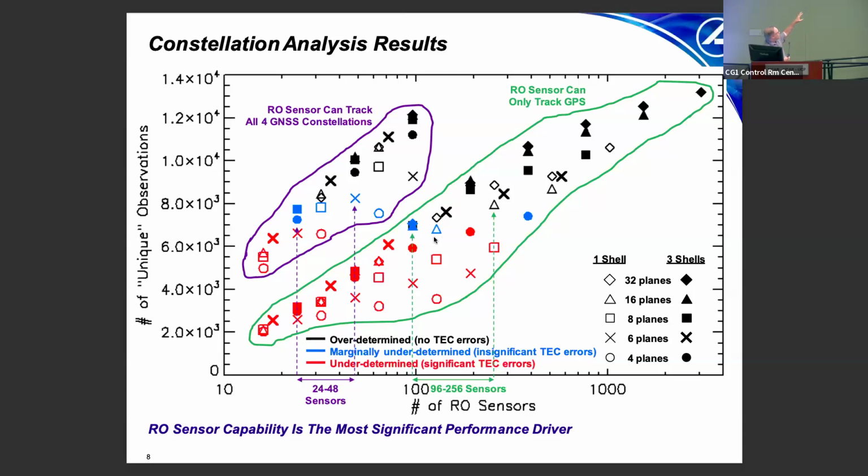And they're organized by whether or not you have a receiver which is able to track all 4 constellations or just 1. When things become blue and black, that's when you can make a statement and say, okay, I've got enough RO sensors out there to fully determine my ionosphere. And you can see, depending on which GNSS capable receiver you have, it's going to be in the 24 to 48 sensors or a couple of hundred sensors.